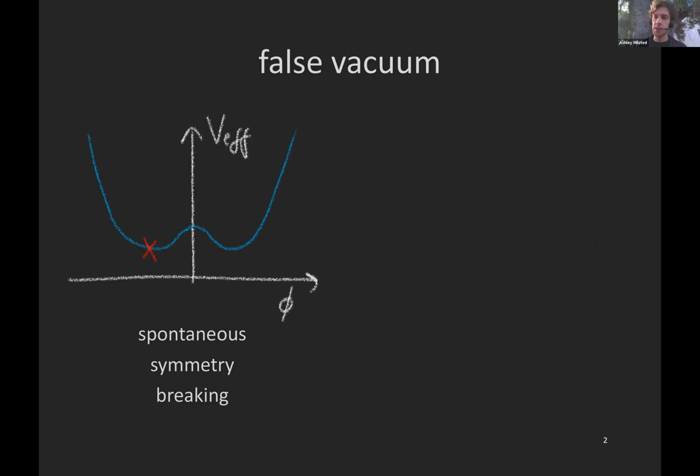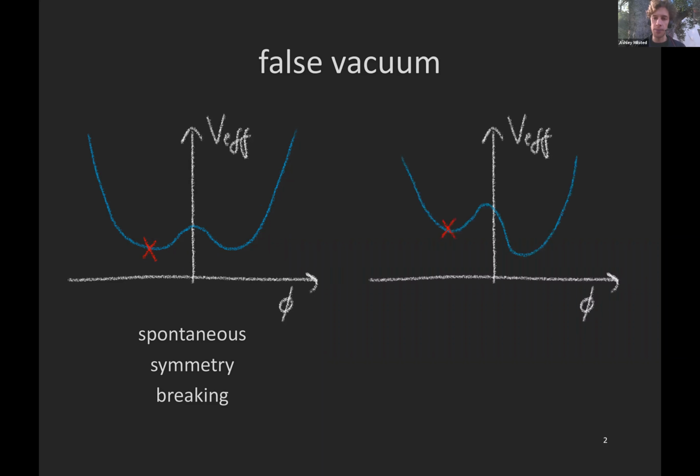Now, if the symmetry is explicitly broken, say by adding a field that causes one of these vacua to have a larger energy than the other, then in some cases we can talk about there being a false vacuum. A false vacuum is a metastable state that has an energy density larger than the true vacuum.